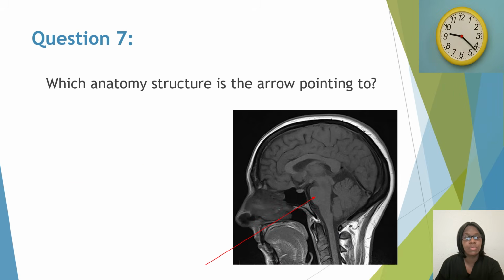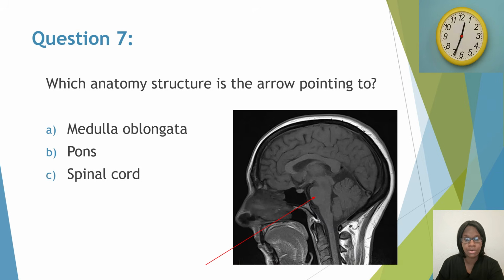Question 7. Which anatomy structure is the arrow pointing to? A, medulla oblongata, B, pons, C, spinal cord, D, thalamus.